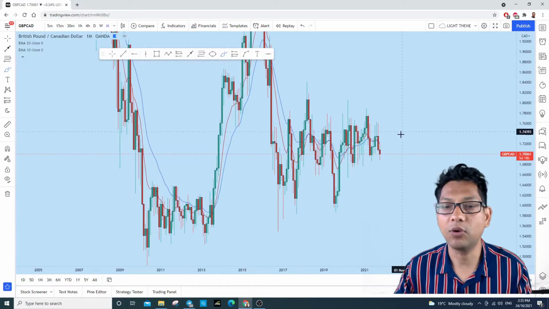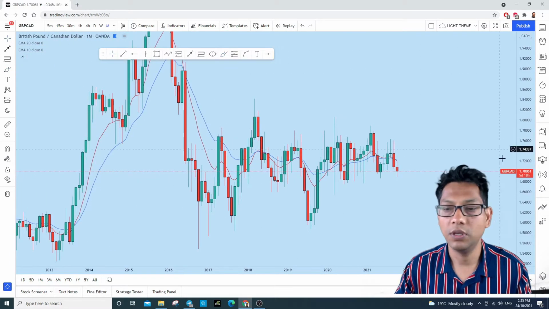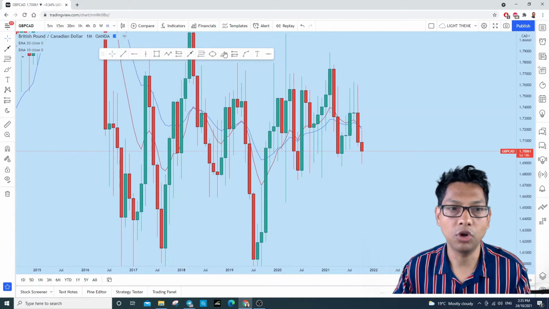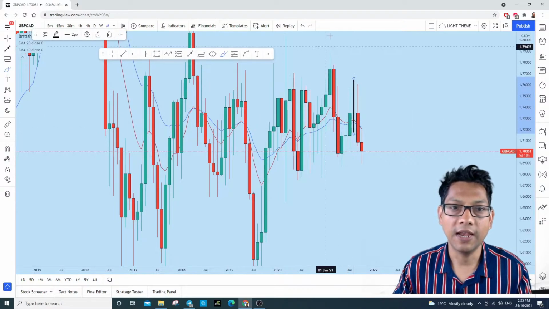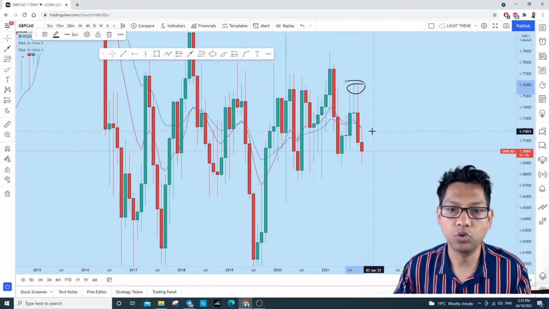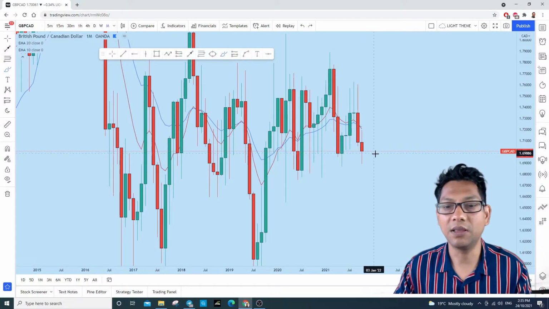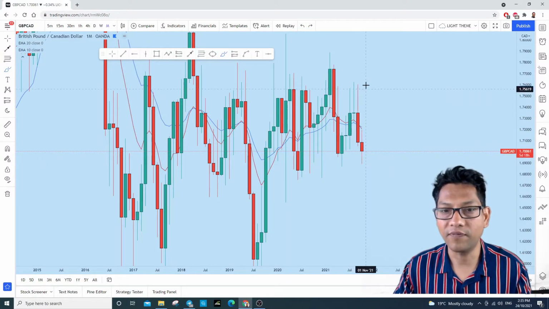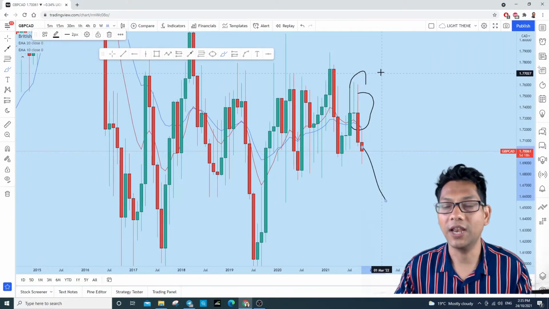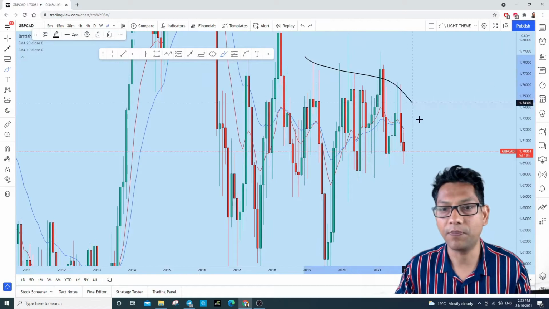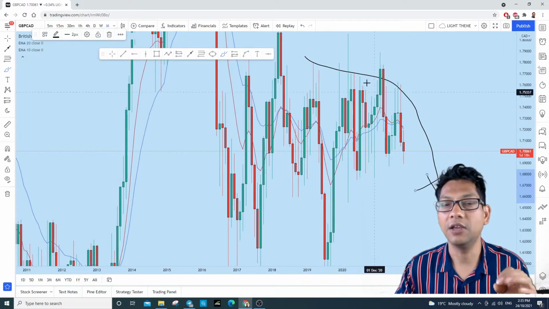Now if we narrow down to the recent time frame in GBPCAD, what we see is that after this gravestone doji, back to back two months of strong drop. The monthly candle is not yet closed. After this kind of bearish candle, you can expect this candle to drop further. As you can see, the price is decelerating to the downside.